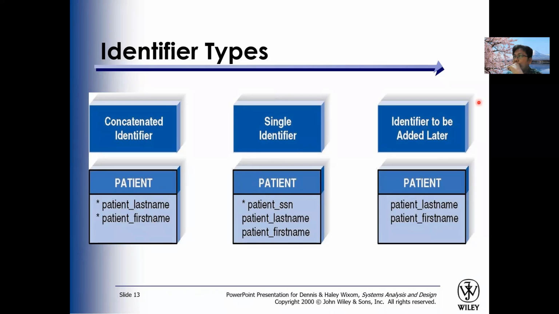But of course, this is difficult if the name is ordinary, so maybe Siti Fatima and etc. For example, maybe the same name. So if you use the combination of first name and last name, maybe there is a duplicate. So we add some ID number here, for example, student ID. And of course, we can add a letter.